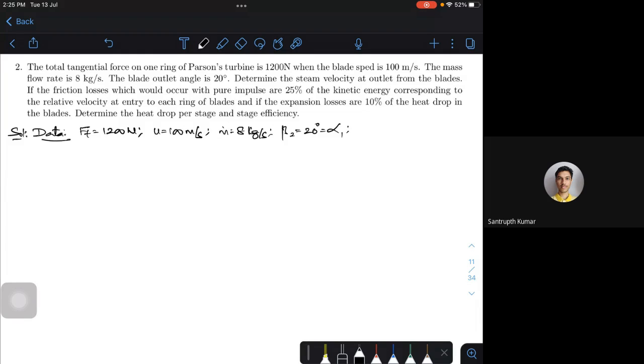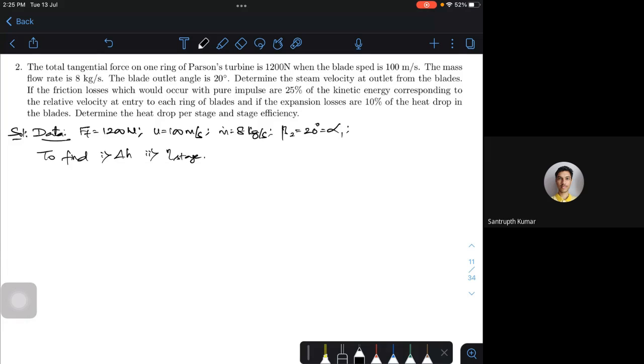We will consider the efficiencies later. What we are supposed to find is, first, the enthalpy drop, and the second one is the stage efficiency or gross stage efficiency.